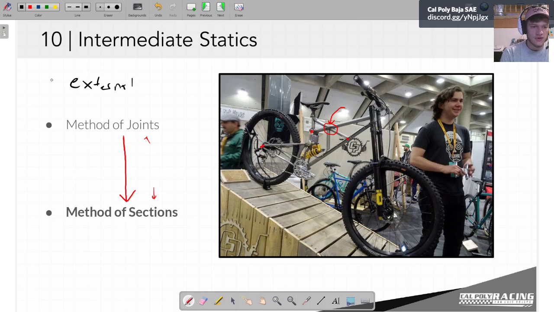We always have to do external equilibrium first, and then we can start taking apart our frame or our machine or our truss in order to figure out the internal forces.